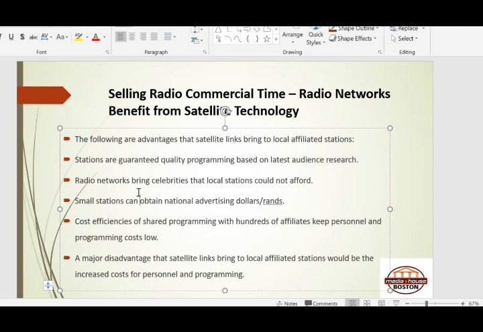Small stations can obtain national advertising. Cost efficiencies of shared programming with hundreds of affiliates can keep personnel and programming costs low. And a major disadvantage that satellite brings to local affiliated stations would be increased costs for personnel and programming.